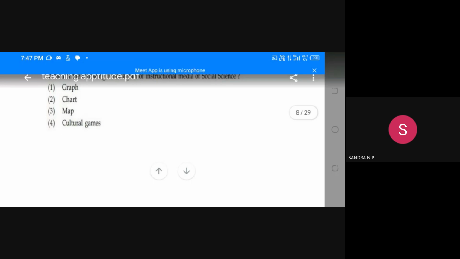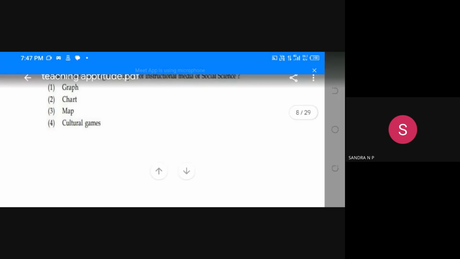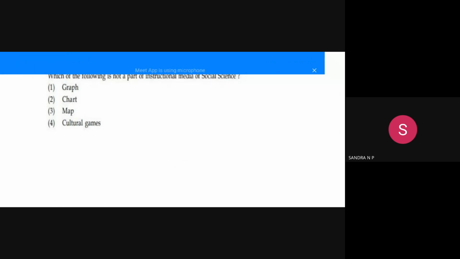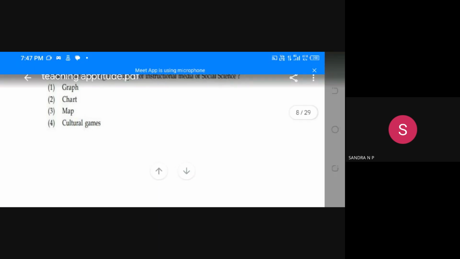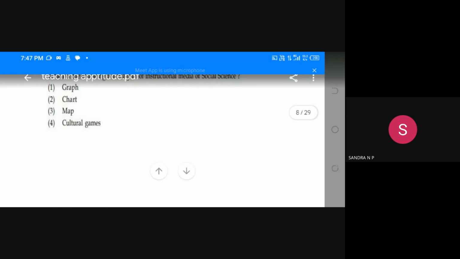The answer given by them was 4 and 3. Actually, graph, chart, map, and cultural games can all be used as instructional media for social science. So this question's options are not correct, and we can skip this question.